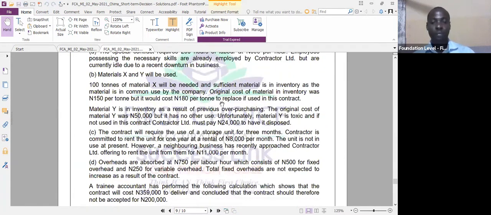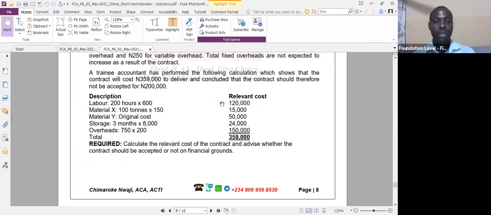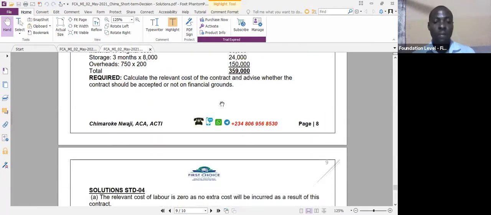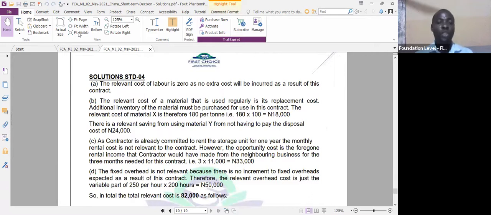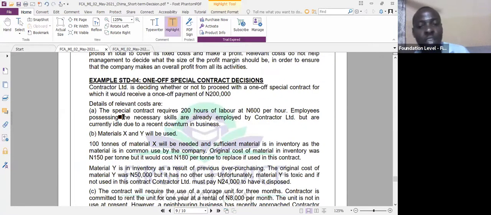Now, the relevant costs for what we just read here, that the special contract requires 200 hours.